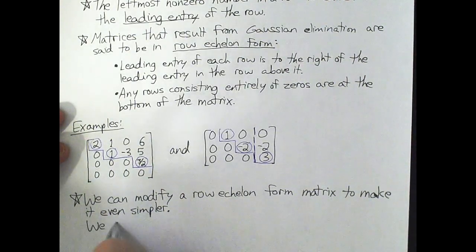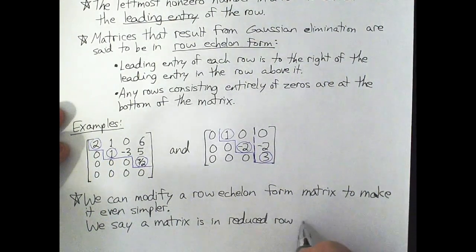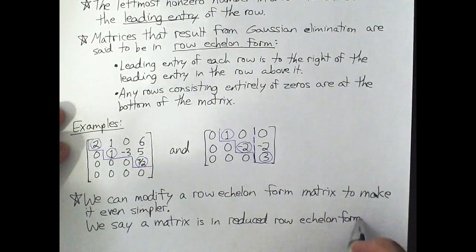We say a matrix is in reduced row echelon form. I'm going to underline that, reduced row echelon form.